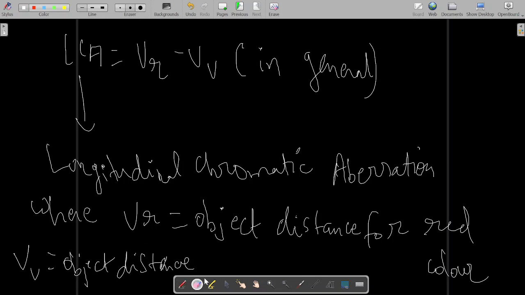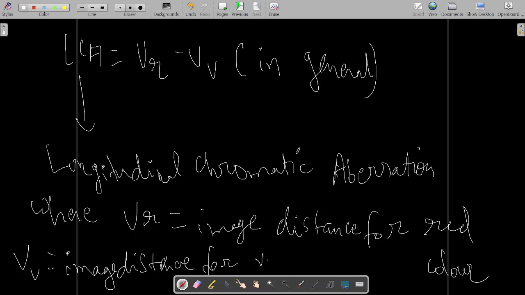Not object distance, image distance, sorry.